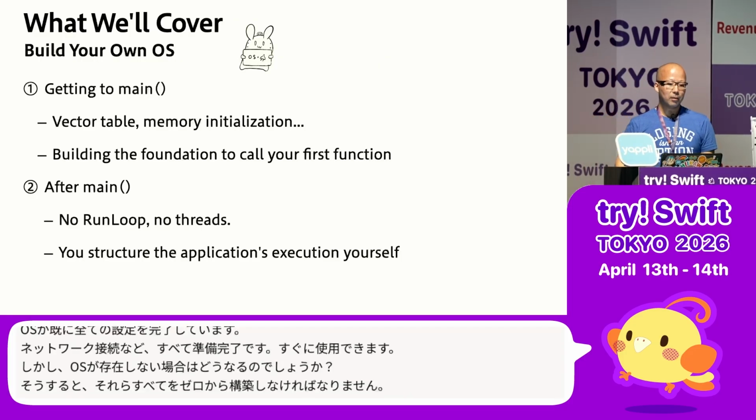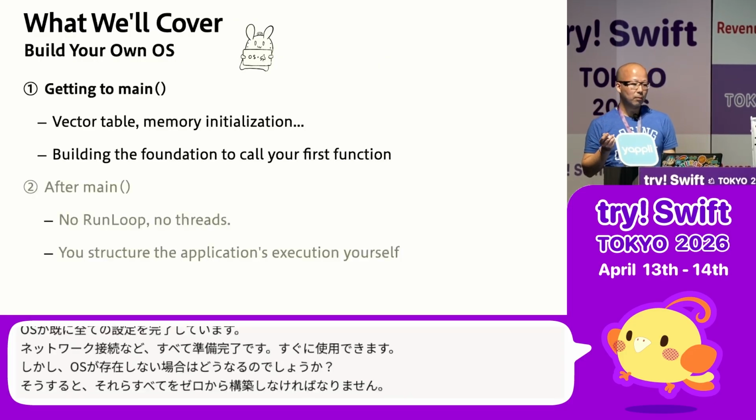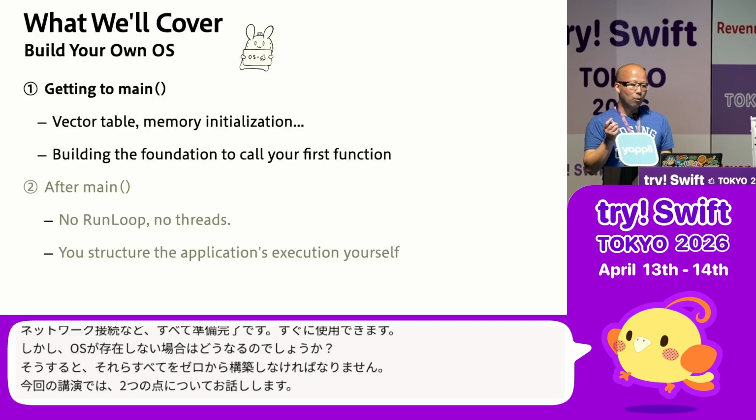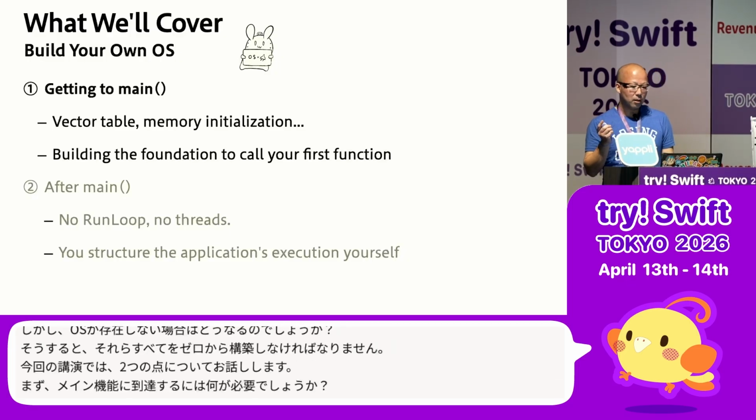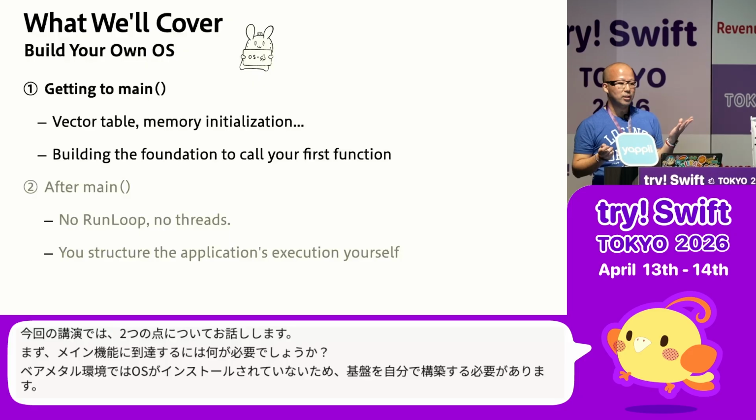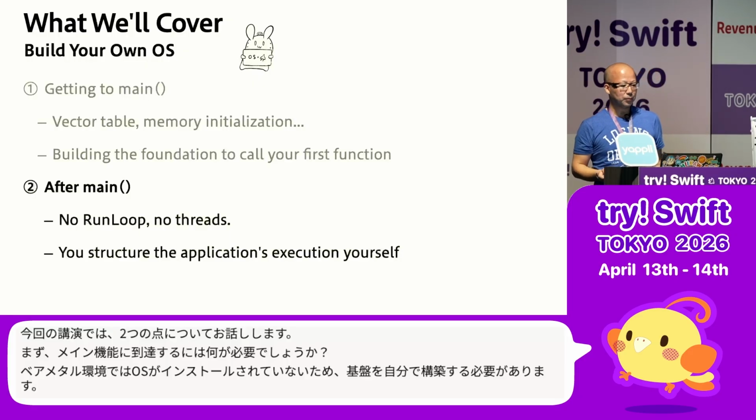In this talk, I'll cover two things. First, what it takes to reach the main function. On bare metal, there's no OS, so you build the foundation yourself. Stack setup, memory initialization, everything needed to call your first function.